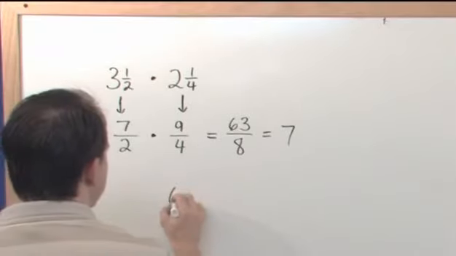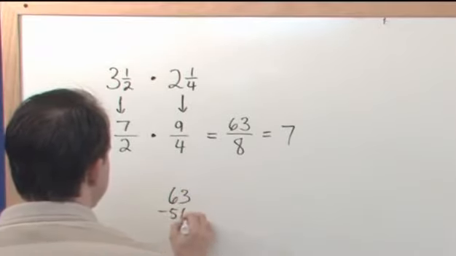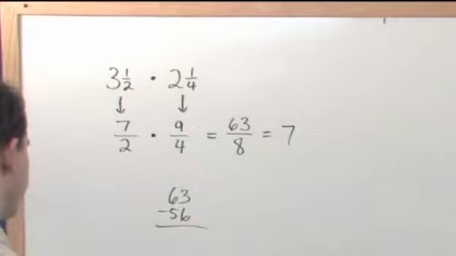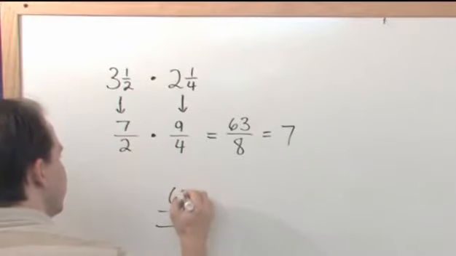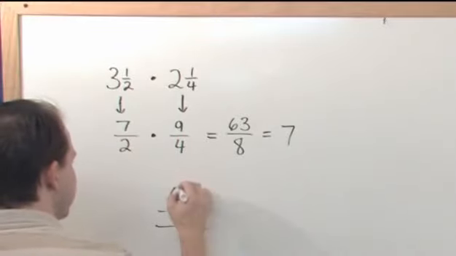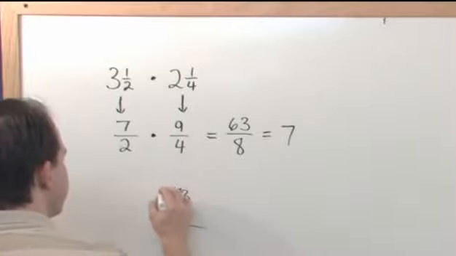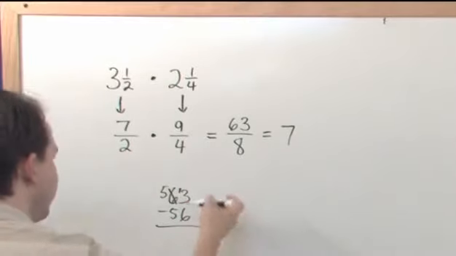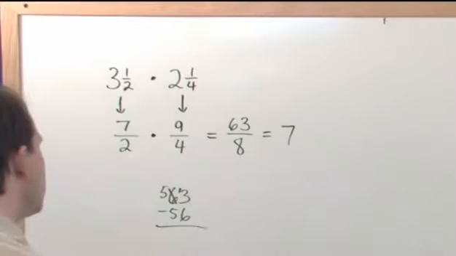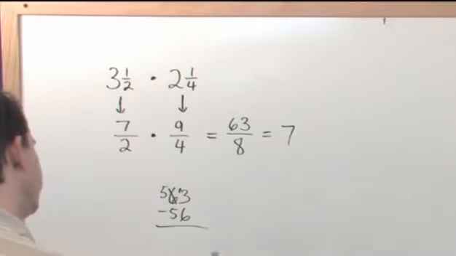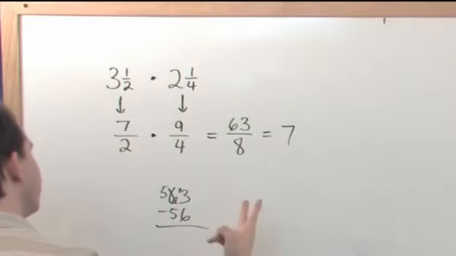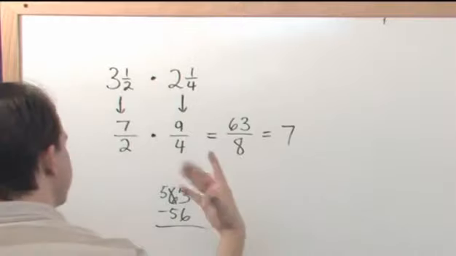Okay? So 63 minus 56, what does that equal? Well, we're going to subtract 6 minus 3. We can't take 6 minus 3, so we have to borrow. That's 13. Borrow and make this a 5. Now, what's 13 minus 6? Starting at 13: 12, 11, 10, 9, 8, 7.